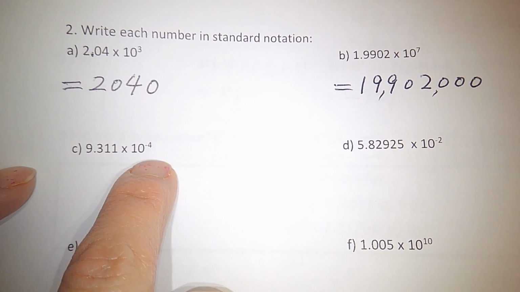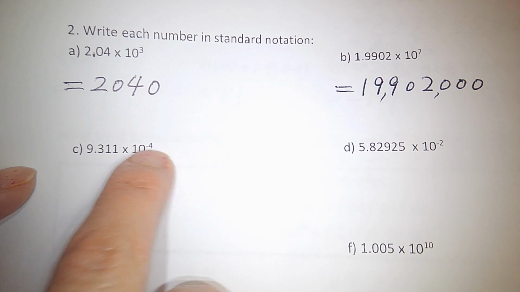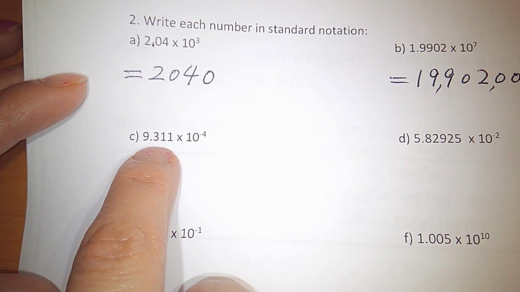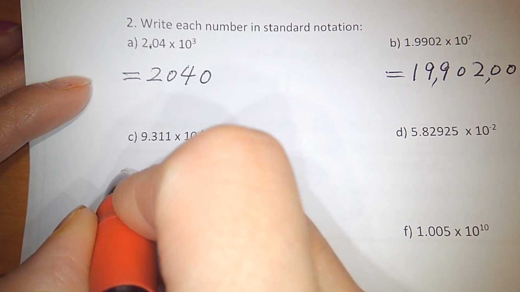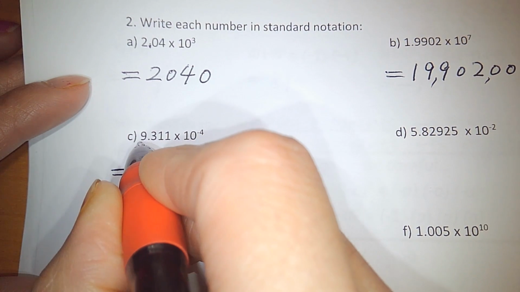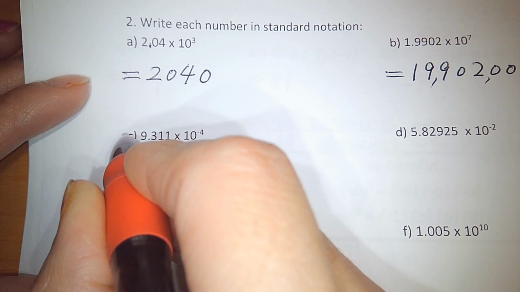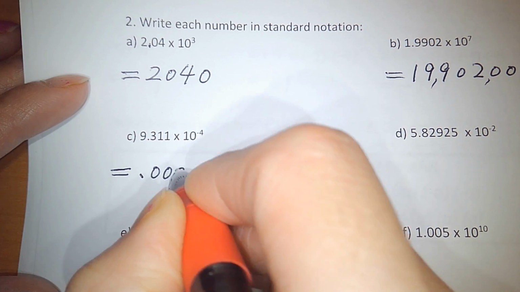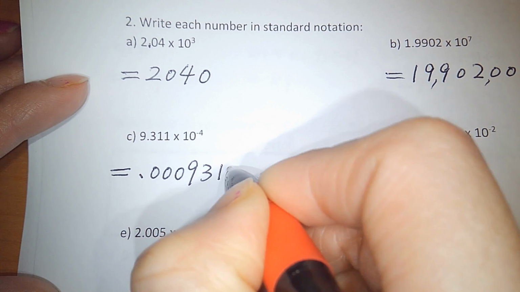If we have a standard notation where the exponent is negative, where should we move that decimal point? To the left or to the right? To the left. Okay? So, to the left for 1 digit, and then we need 3 more, right? So, 0.000931.